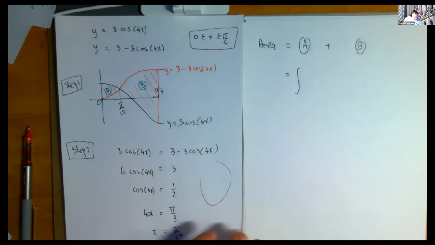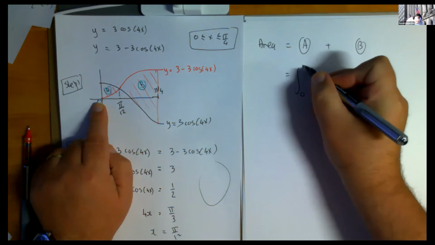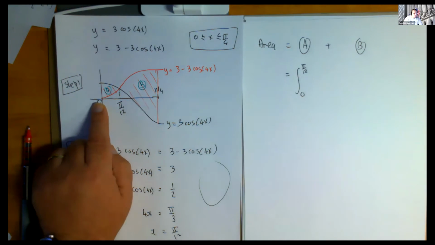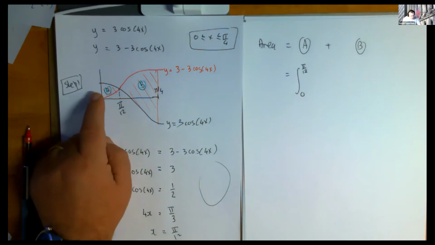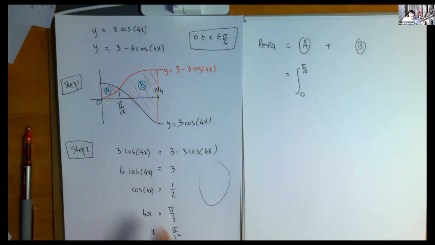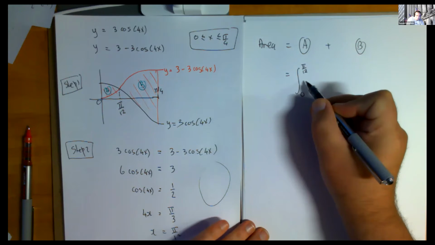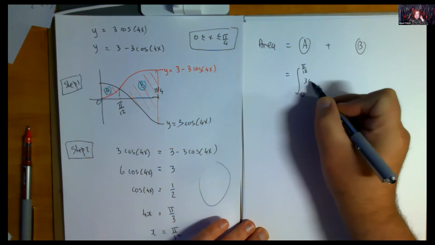Let's set up the integral for A. Now it goes from x equals 0 to the newly found pi over 12. Now we need somebody take away somebody, don't we? In area A, who do you write down first? Three cosine 4x. Agreed.